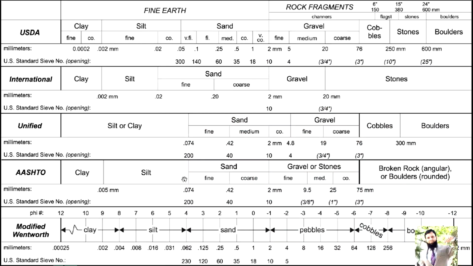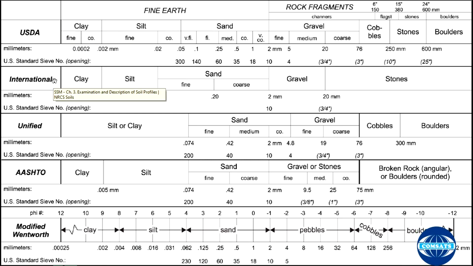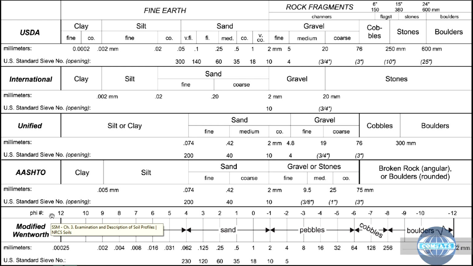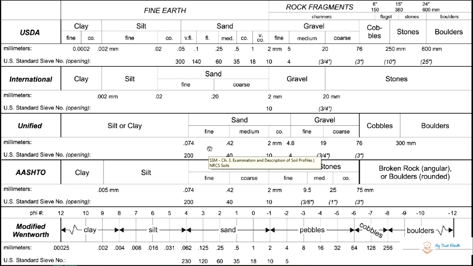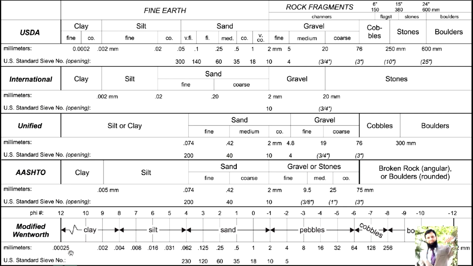Okay, these are some different classifications: USDA, International, Unified, and AASHTO. So you can see that these are the ranges. Modified Wentworth.